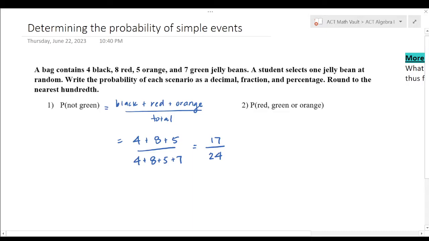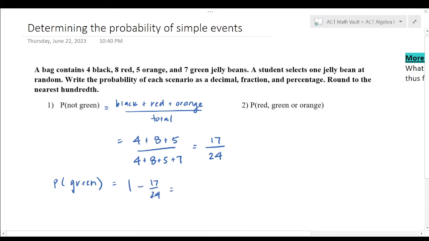There is a chance that you would be asked to figure out the opposite of that. Like, what would the probability of the greens be? The probability of green would then just be one whole, or 100%, minus the 17/24.